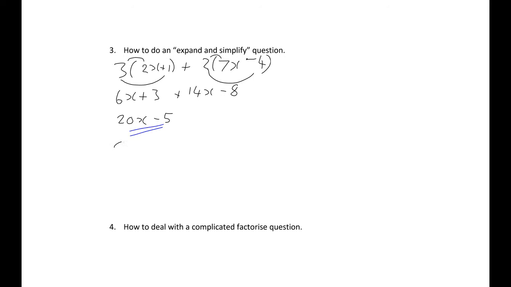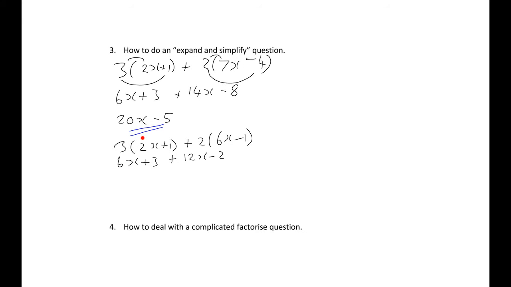Another example. There we go. We times it out. 6x plus 3 plus 12x minus 2.